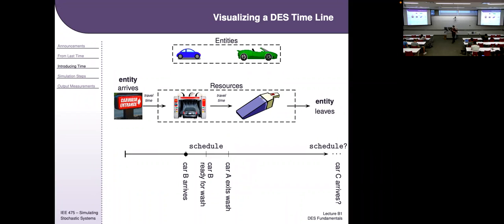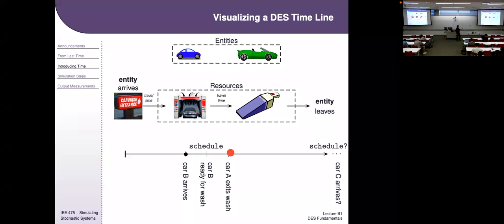So we can only schedule the things we are 100% confident about, and we let the other things happen when they happen. So we'll wait until car A exits the wash. If B is still waiting for the wash, then we'll schedule B's exit from the wash. So do not schedule a bunch of times ahead. Only schedule the next immediate thing.